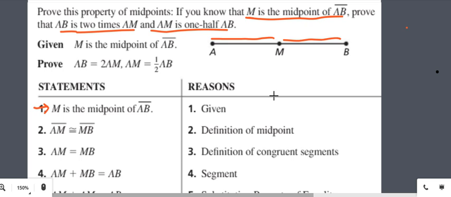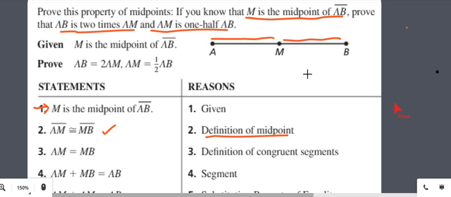So these two segments must be congruent. Then we applied the definition of the midpoint, and we got AM is congruent to MB. Is it clear?